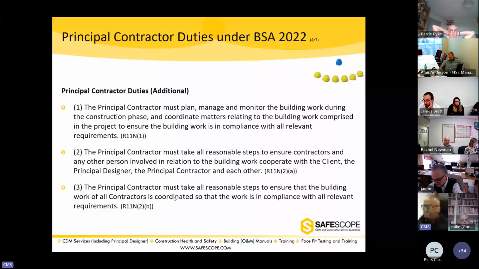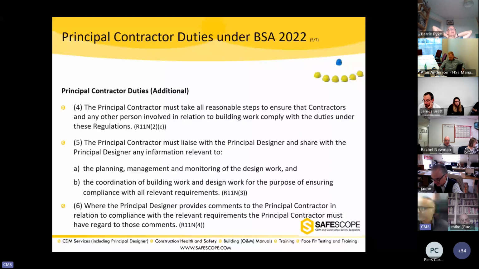Now, principal contractor must take all reasonable steps to ensure contractors involved in the building work are complying with their duties. Under the regulation, principal contractor must liaise with the principal designer for any information relating to the planning, managing, and monitoring, etc. And now, when it comes to the principal contractor must liaise, they have to almost inform and share the information with the principal designer.